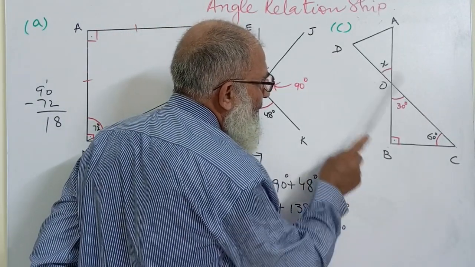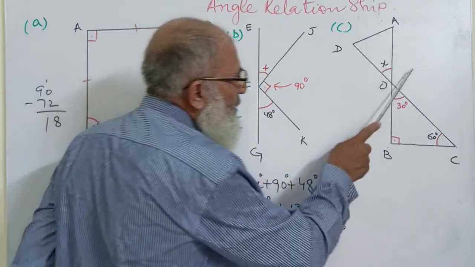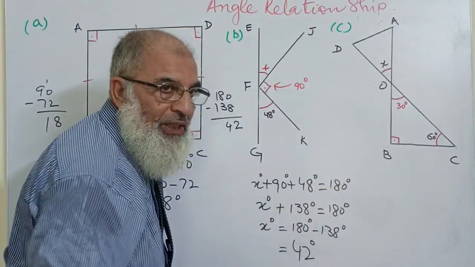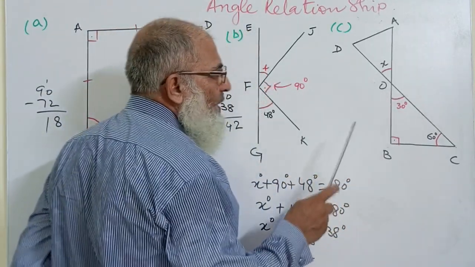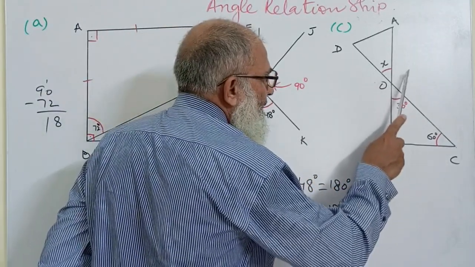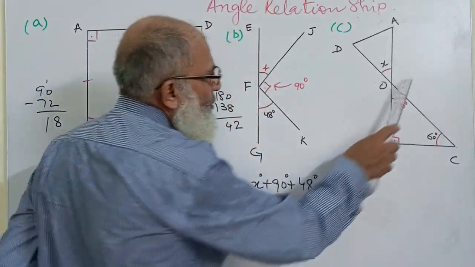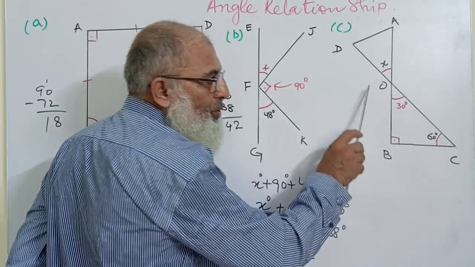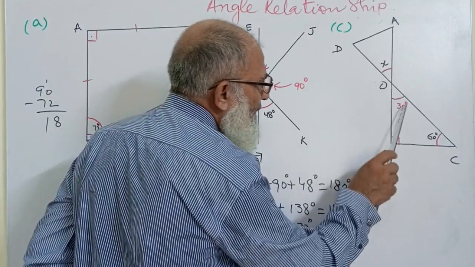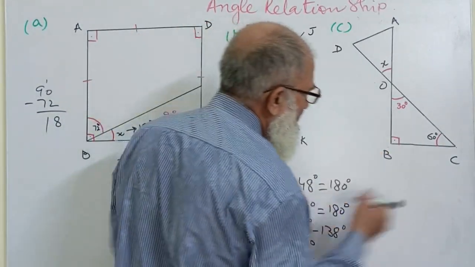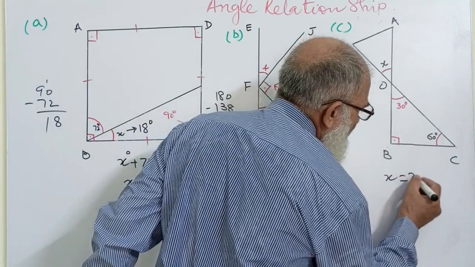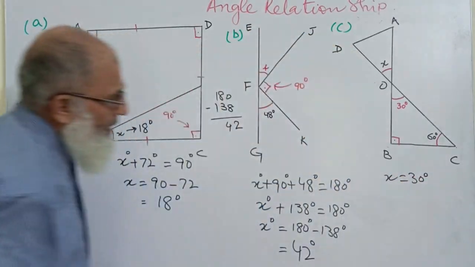One is this pair and the other is this pair. This pair is not shown to us and has not been asked. Even if it was asked, let it be y. So this y would have been equal to this y. So this x is equal to 30 degrees. This was very simple. X is equal to 30 degrees.